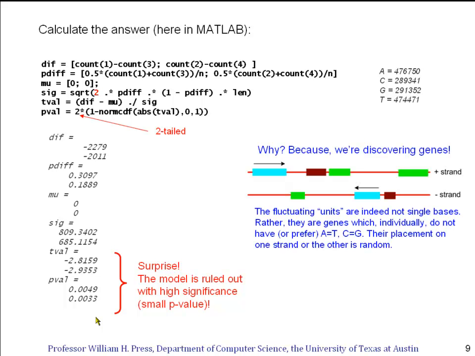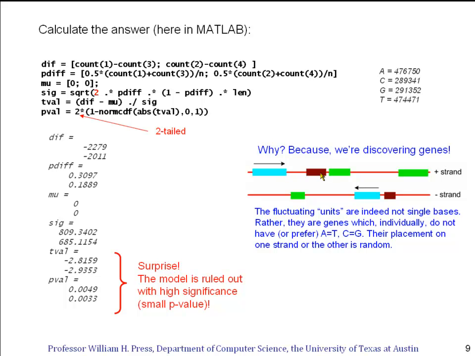What's going on here is that we've discovered genes. Let me explain to you why that is. Our hypothesis was that each base pair was independently random on, for example, the plus strand of the double helix DNA. But that's actually not correct. The reason is a whole sequence of base pairs form a single gene.